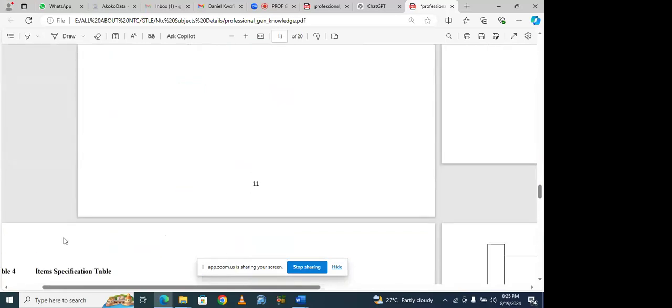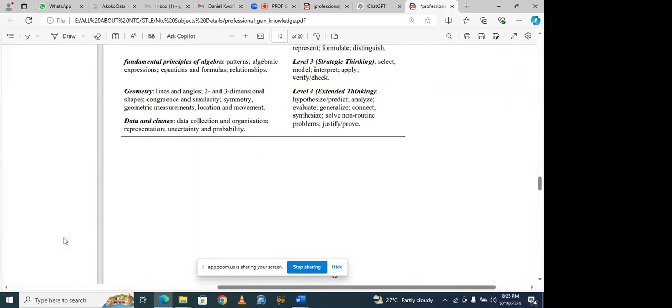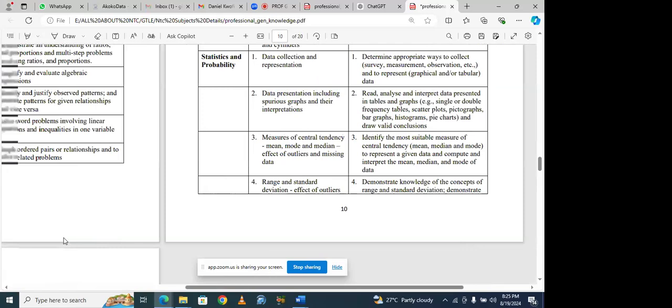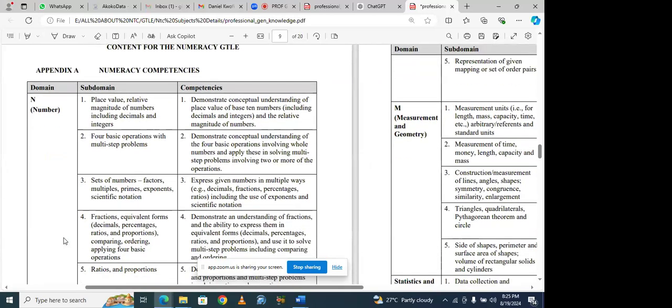Now we know that we are supposed to strive as much as possible to gain a maximum of 30 marks from numeracy. These are the topics about which we are expected to have comprehensive knowledge, so as to be able to score all our 30 marks.